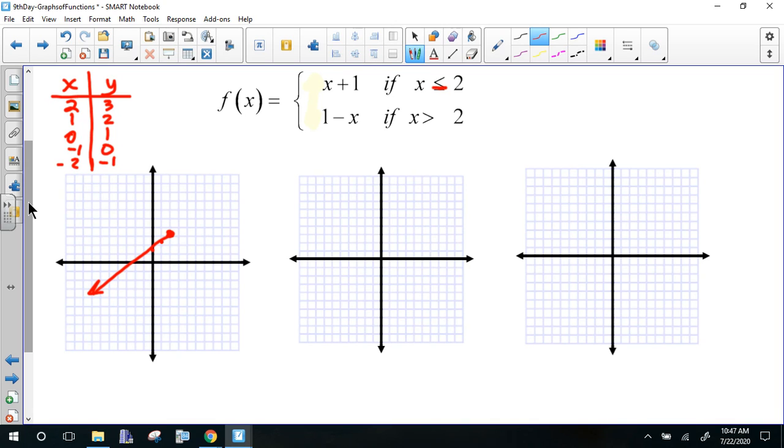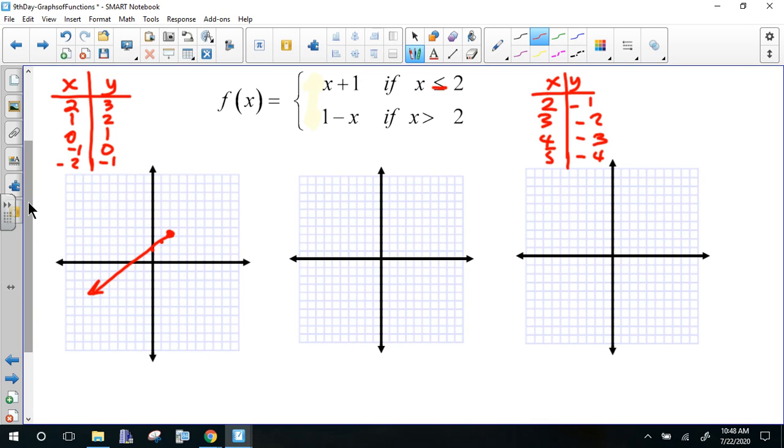For the other piece, 1 minus x, if x is greater than 2, we're going to use 2 in our calculations, but it's going to be an open circle, and numbers that are greater. So if I plug in a 2 here, 1 minus 2 is negative 1. 1 minus 3, negative 2. 1 minus 4, negative 3. And 1 minus 5, negative 4. So I'm going to plot those on the same graph, but I'm going to use an open circle at 2, negative 1.